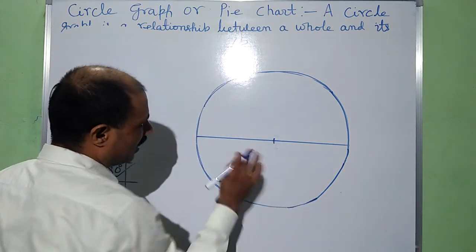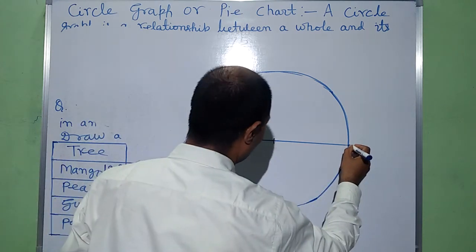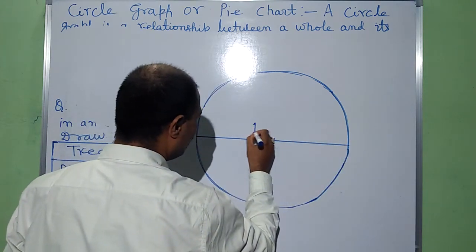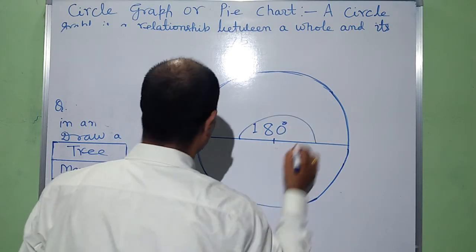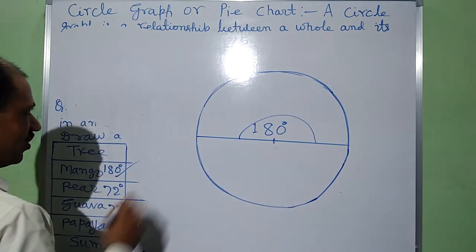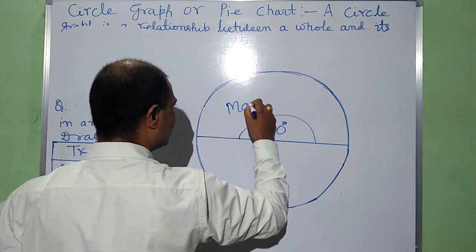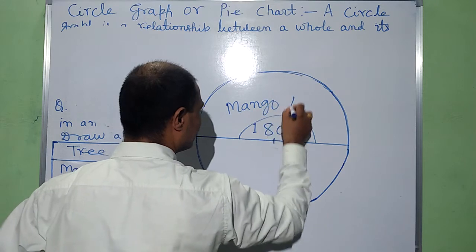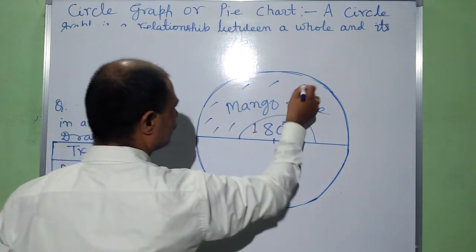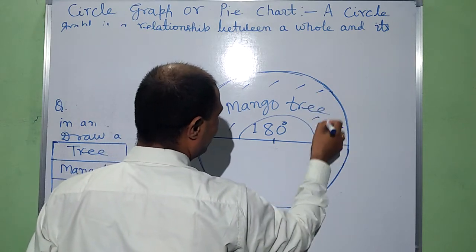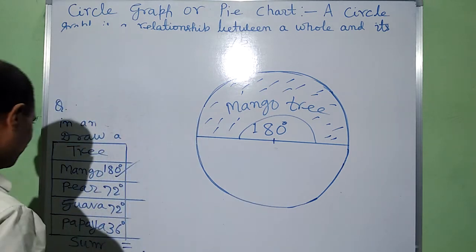Here one complete angle will be formed, that is 360 degrees, out of which this is 180 degrees. We can use a protractor to draw this angle, and this is for mango trees. Its sector angle or central angle is 180 degrees.